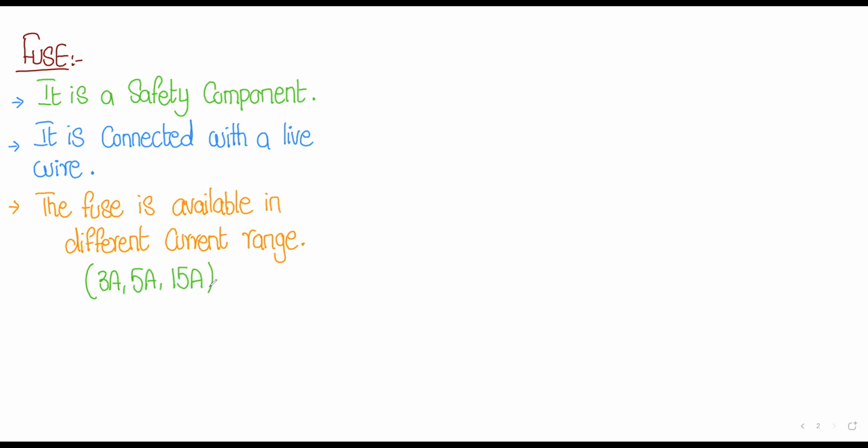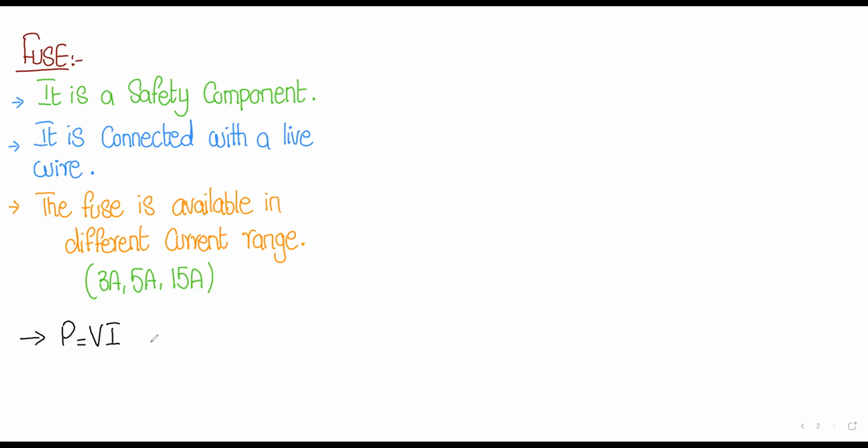Okay, if you remember the formula of power, what is the formula of power? P is equal to V times I, right? Divided by R is another formula if we want to write it in terms of resistance, but we are not interested in resistance at the moment.